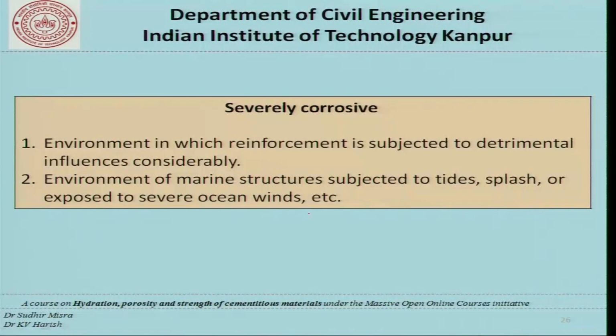Continuing with that, the third class is severely corrosive, where we talk of environment in which reinforcement is subjected to detrimental influences considerably, and environment of marine structures subjected to tides, splash or exposed to severe ocean winds.